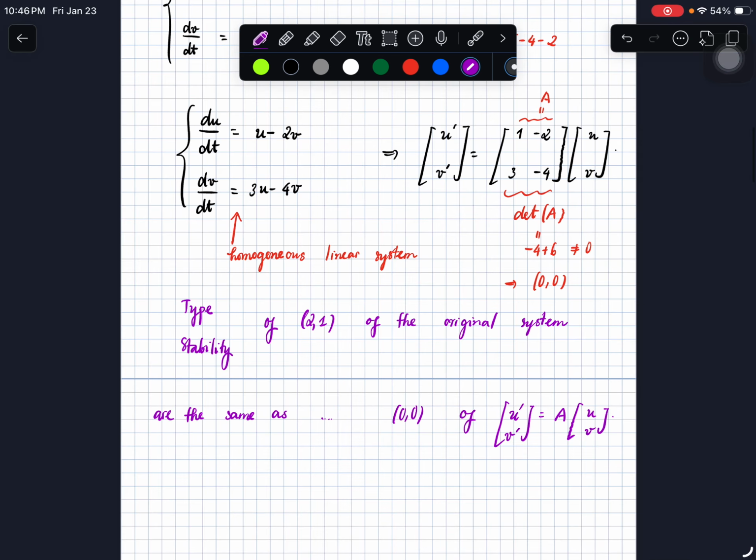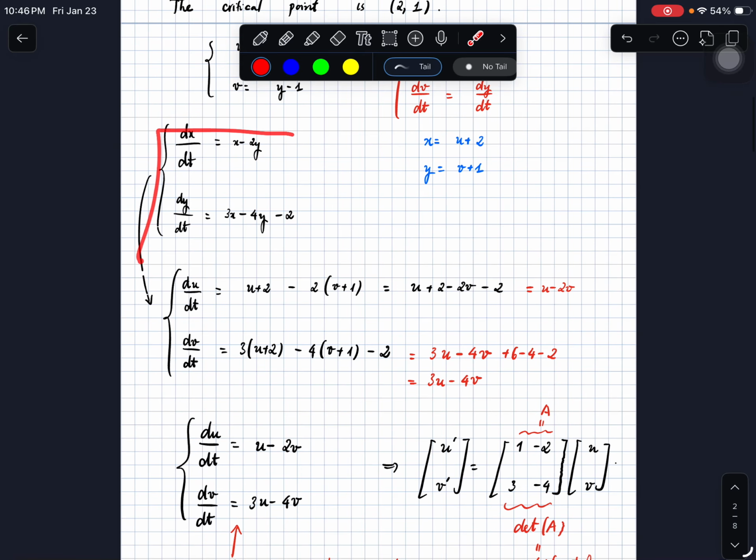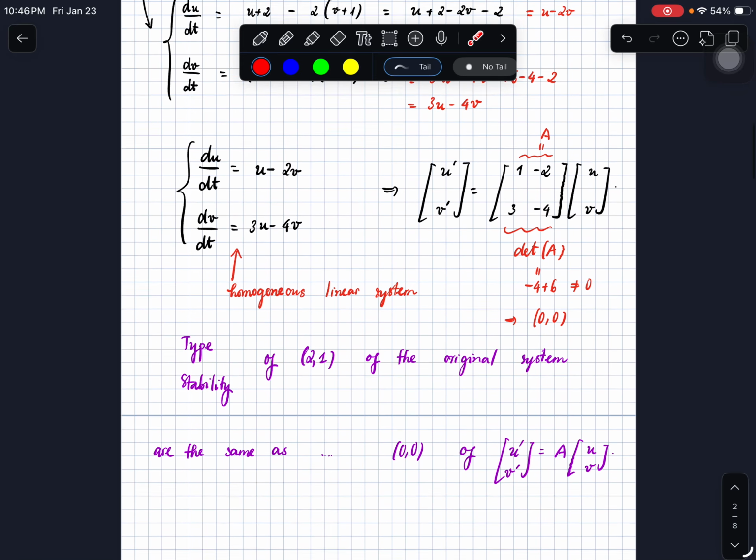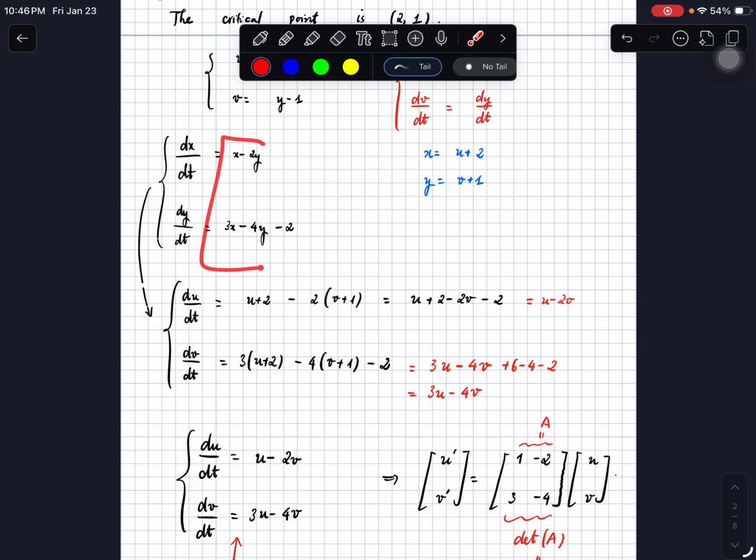And actually this A is also the Jacobian matrix. If you compute that at the point 0, 0, we know that that matrix A is actually the Jacobian.